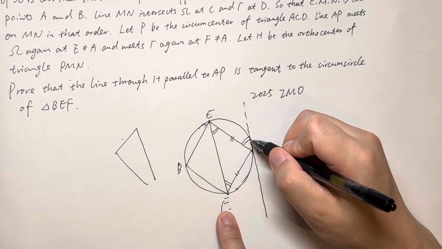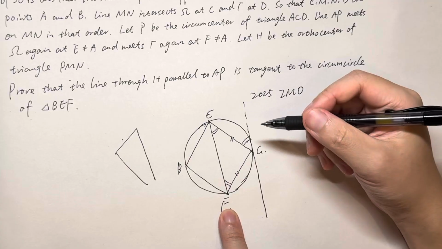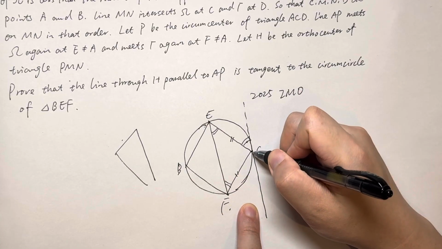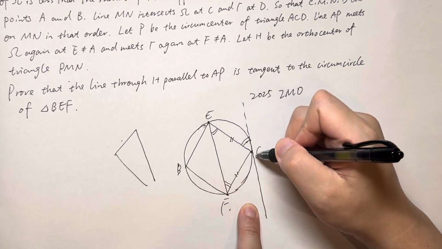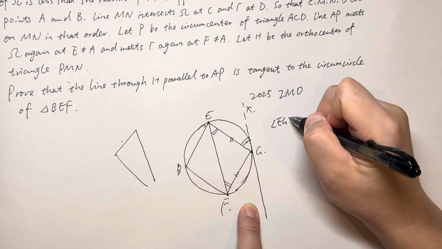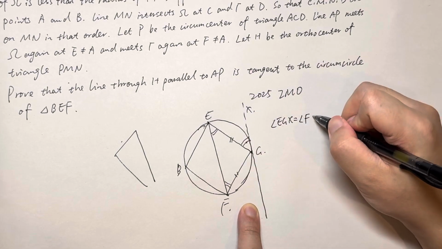Which means if we have a tangent line at the point G, then the angle EGX equals to angle FEG.